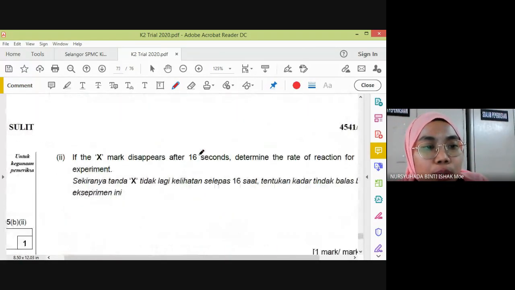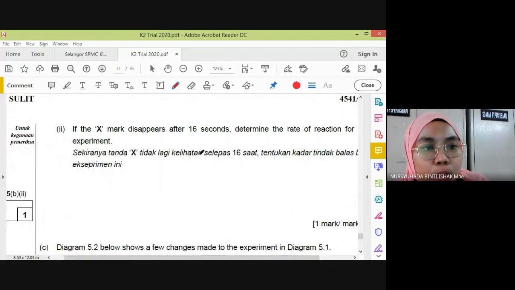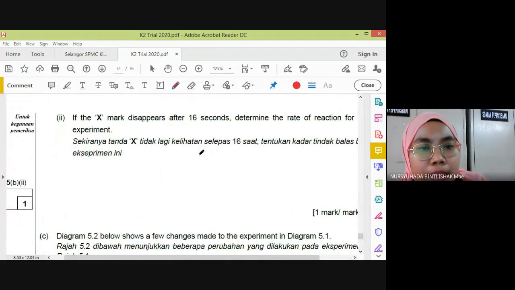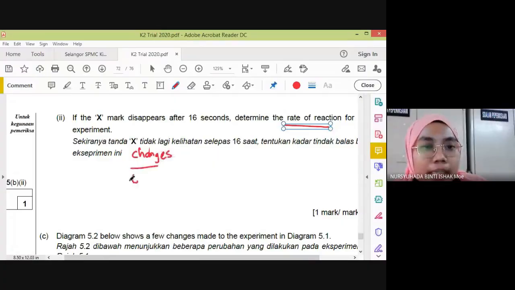Okay, now we go to question 2. If the X mark disappears after 60 seconds, determine the rate of reaction for this experiment. So, macam mana nak tahu ROR? Kita cari changes yang berlaku divide by time, betul?